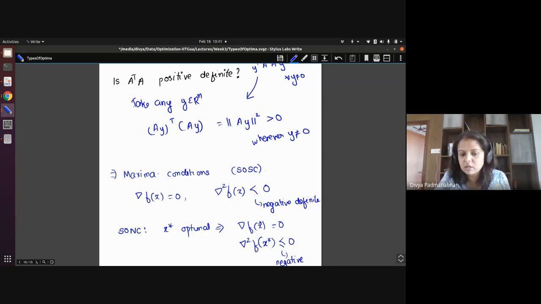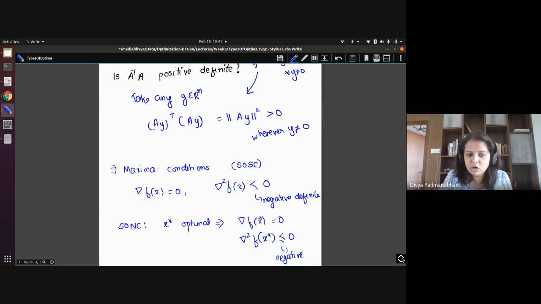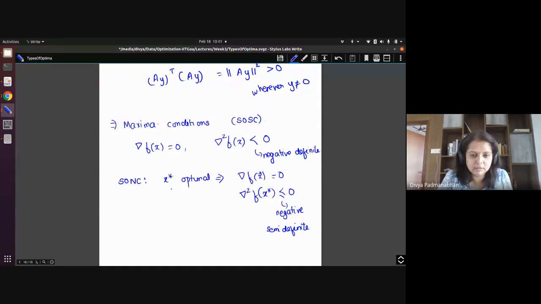And the second order necessary conditions become: if x star is optimal, then the gradient is 0 and the Hessian is negative semi-definite. So it's just symmetric conditions that you have here.